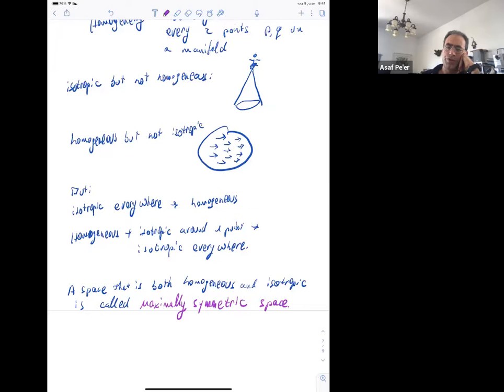Which means that when we speak about maximally symmetric, we are only talking about the spatial part of the universe, not the temporal part, because that is changing with time. There is some small subtlety here: the spatial part is really a subspace of the four-dimensional space-time. So what we're really talking about is a maximally symmetric subspace.